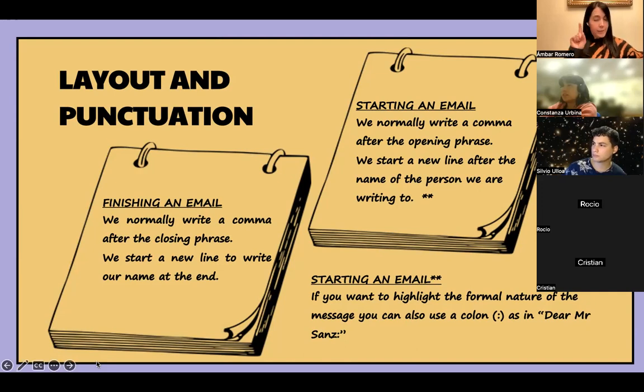Strictly speaking, when you are writing a formal email, you should try to use full forms. Right now, contractions are not essentially bad. I mean, if you write a formal email with a can't, for example, it's not bad. It's not wrong. But we should keep full forms anyway.